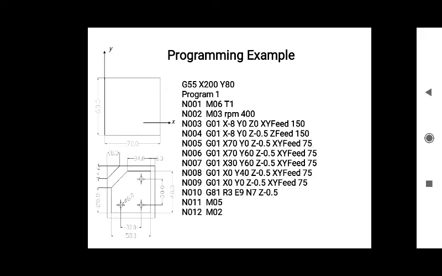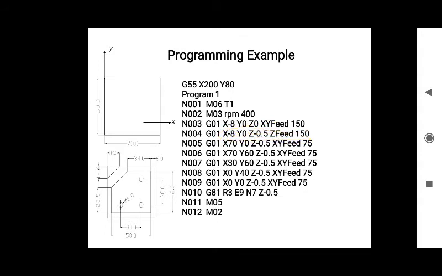Okay, and after that we have given the instruction that the cutter should move horizontally. Okay, so here our previous position of the tool was X minus 8, Y0, Z0.5, that was N004.